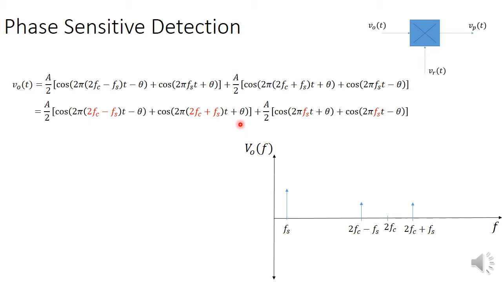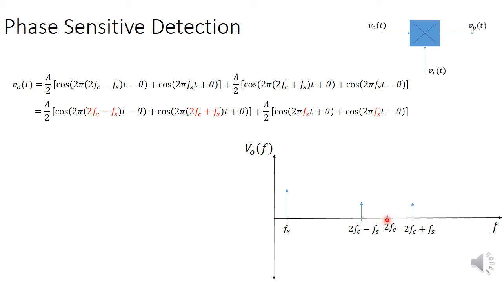We have one spike at frequency Fs, which consists of these two sinusoids, and two spikes, one corresponding to twice Fc minus Fs and one corresponding to twice Fc plus Fs. So this is Fc, twice Fc, and you have one spike here and another spike here. That's the frequency domain picture.